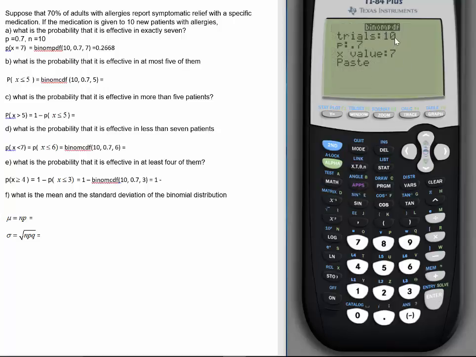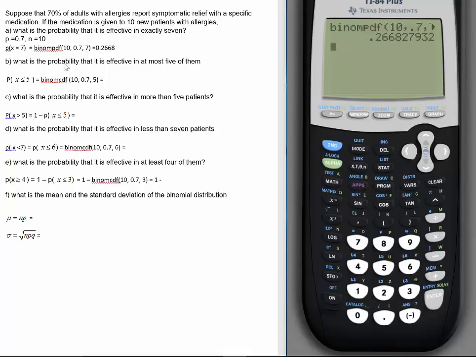Number of trials is 10, it's already there, I put it there already just to save time. P is 0.7, the x value is 7, scroll down and then paste. If you have an older operating system, it's gonna show you Binomial Pdf and open parentheses, so you would enter 10, 0.7, comma 7, and then press enter here, and here is the answer, 0.2668.